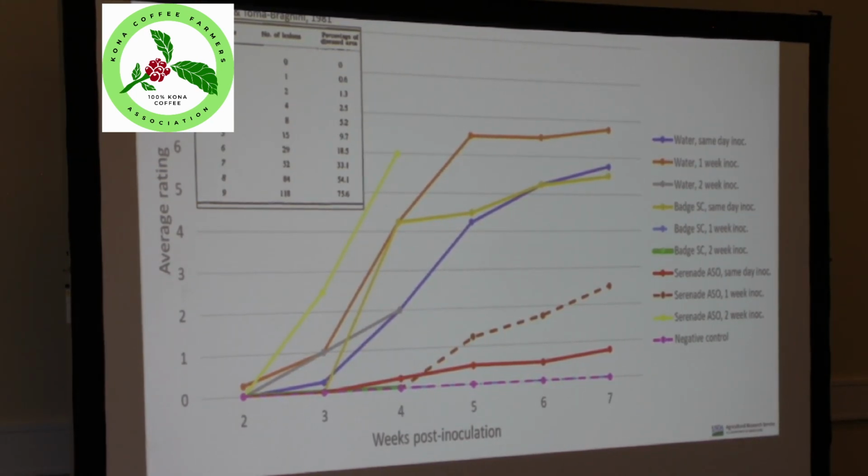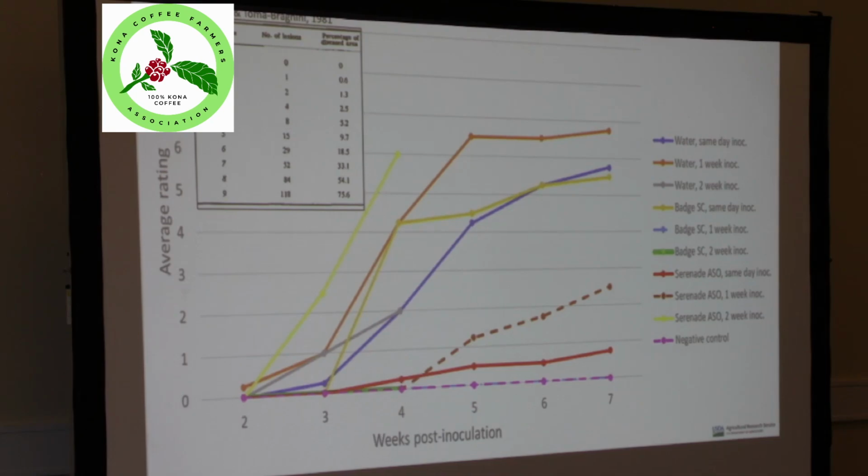And on the y-axis is the average rating, which was counting either the lesions or essentially looking at severity of the entire potted plant, the diseased area of the leaves. So for example, the scale of 1 is less than 1% severity, and you can see 9 being more than 75% of the leaf covered with spores.